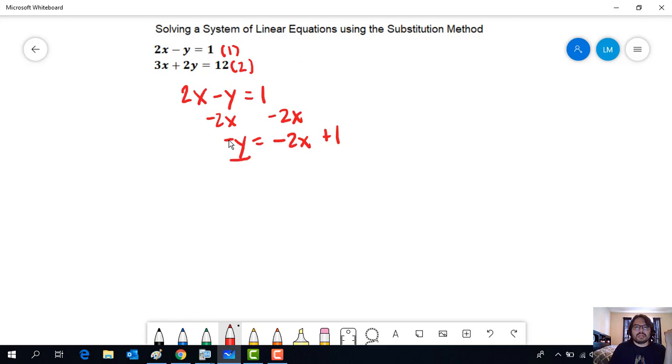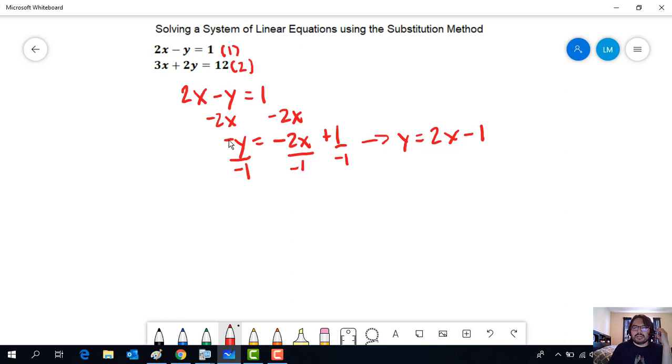So in that case, we can just divide by negative 1, divide by negative 1. Now what this gives us is the following: y equals 2x minus 1.